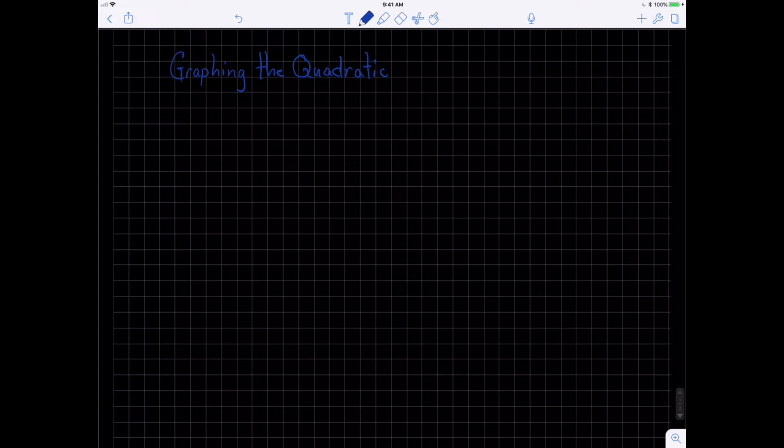Hi, in this video we are going to be graphing the quadratic. So we've been solving quadratics. Let's begin with this. A quadratic has the general form of ax squared plus bx plus c, and we began by factoring these.